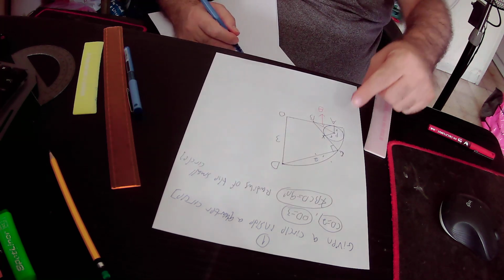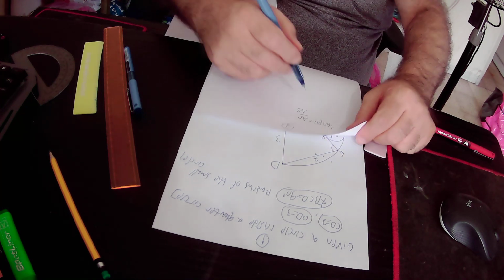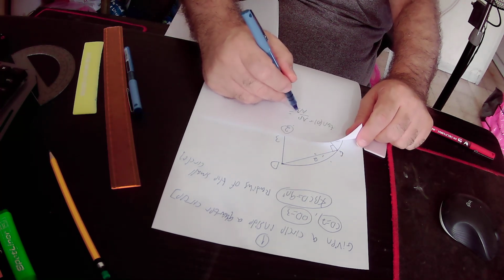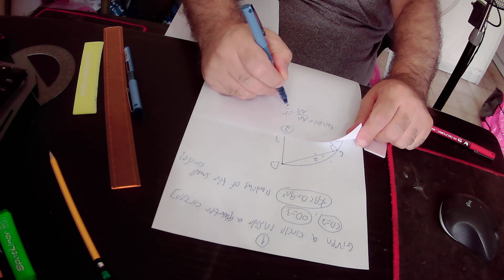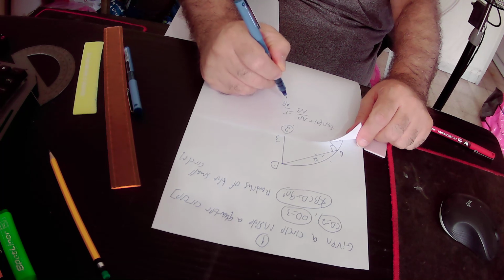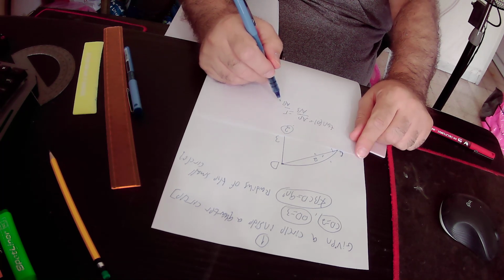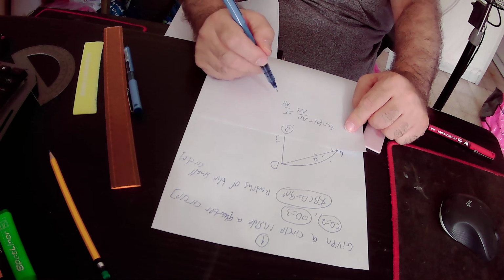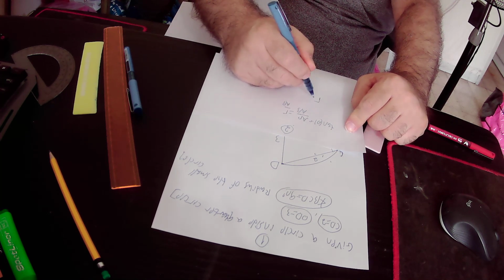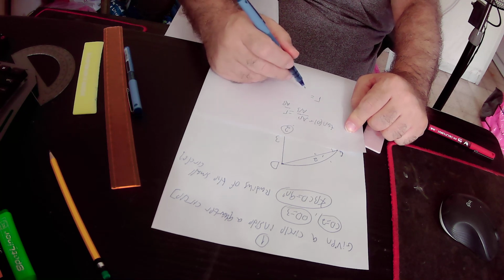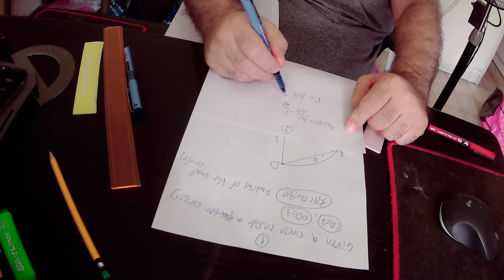and we know that AP is the radius of the small circle, so tangent theta equals AP, that is small r, the radius of the small circle, over AB. And if we multiply this equality by AB, we will get that the radius of the small circle equals AB times tangent theta.